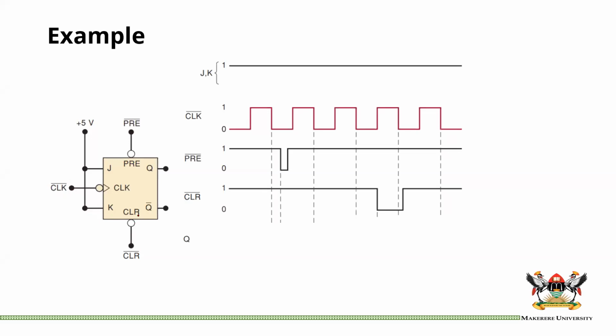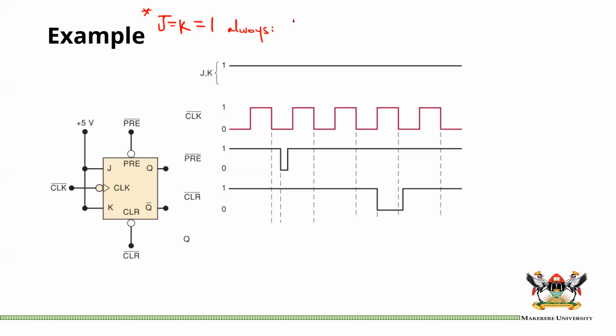All flip-flops are like this, but usually we don't show these asynchronous inputs because we don't usually use them. We only use them when they are needed, usually at the beginning of the operation. When we draw flip-flops, we don't show them, but we need to remember that they are always there. In this case, they've shown you that J equals K equals 1, always.